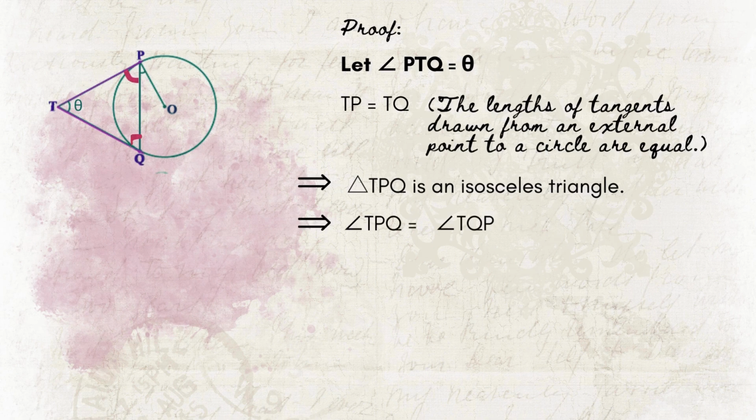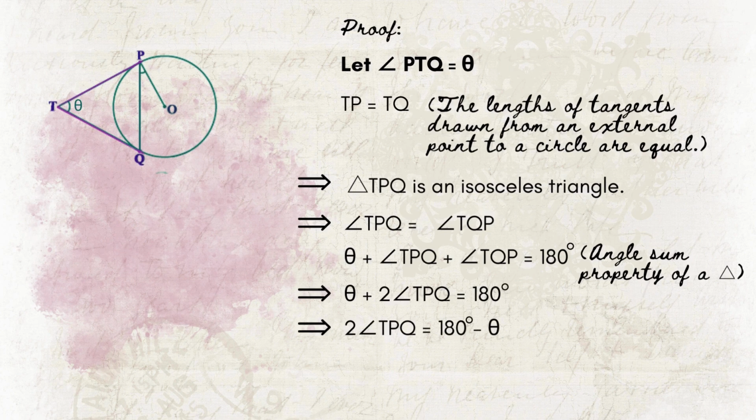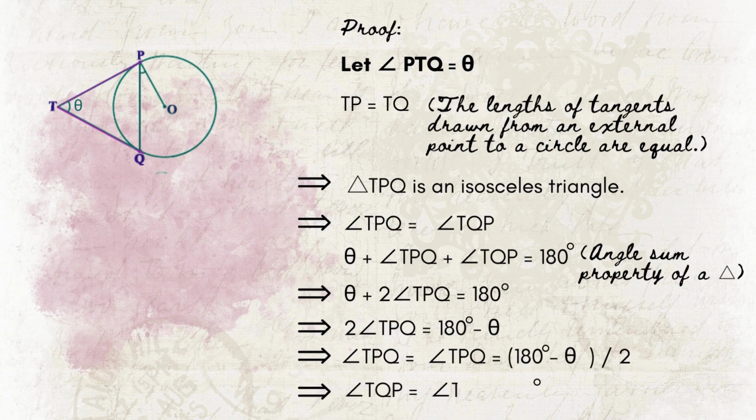Now angle TPQ would be equal to angle TQP because angles opposite to equal sides of a triangle are equal. Now theta plus angle TPQ plus angle TQP would be 180 degrees, angle sum property of a triangle. Or we can say theta plus twice of angle TPQ is equal to 180 degrees. That means TPQ is equal to 90 degrees minus theta by 2.